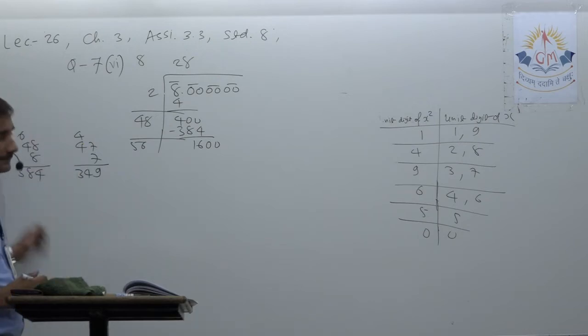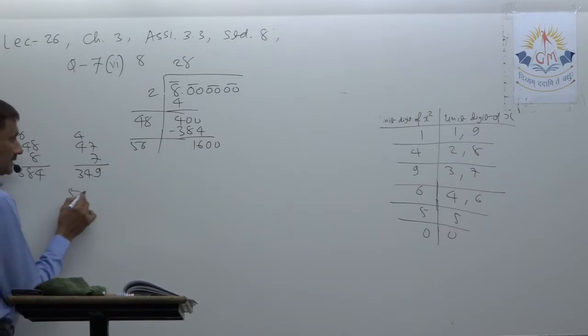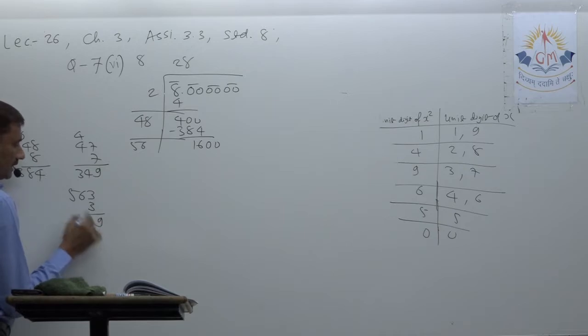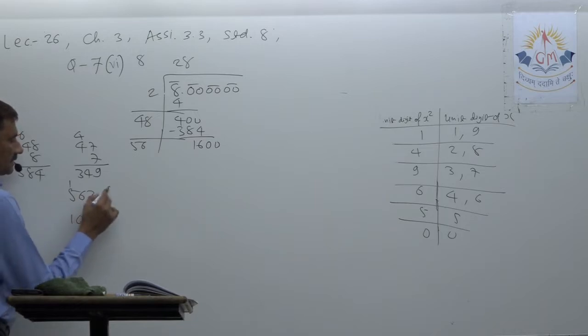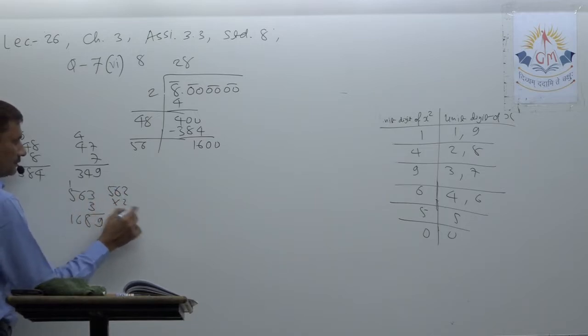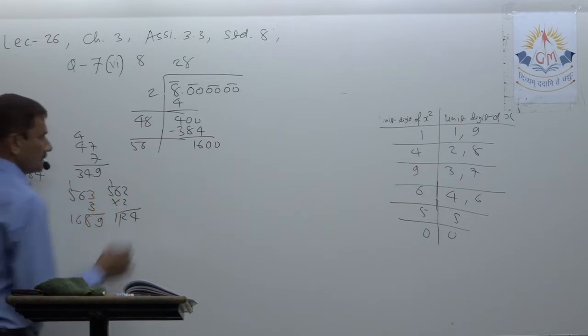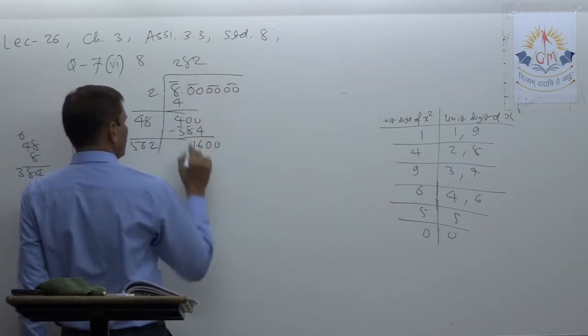So I have written 56. So for the third digit we try to get here 561 into 1, 562 into 2, 563 into 3, maybe more. 3 threes are 9, 6 threes are 18, 15, 16. It is somewhat more, so we stop at 562 into 2.